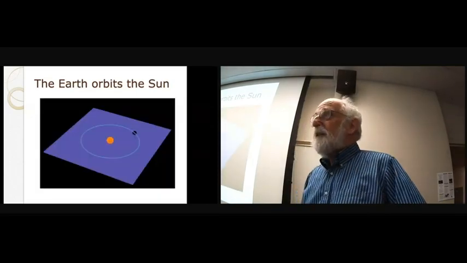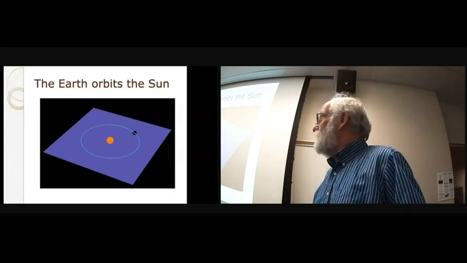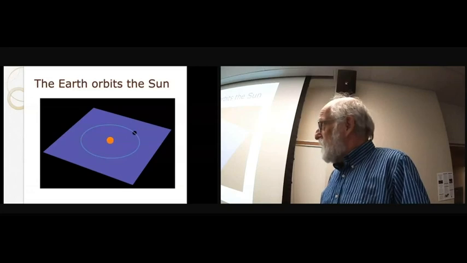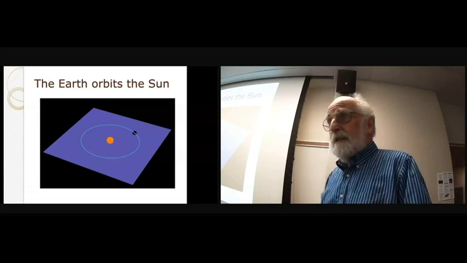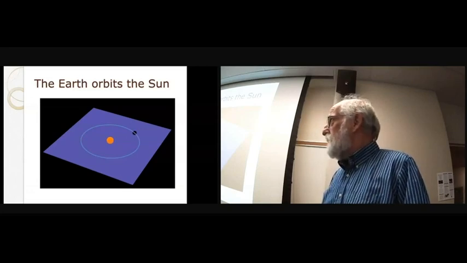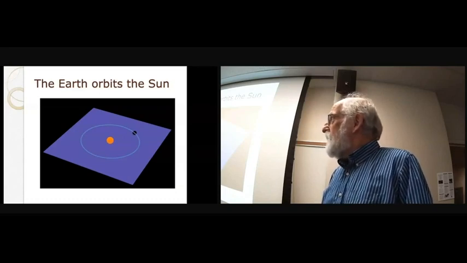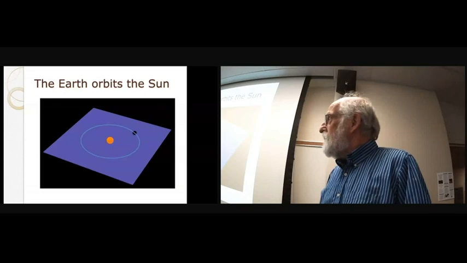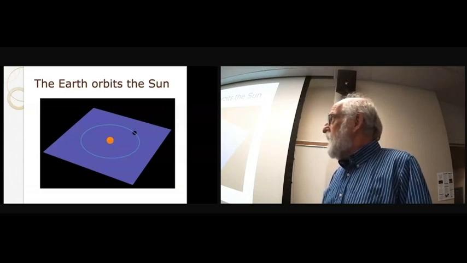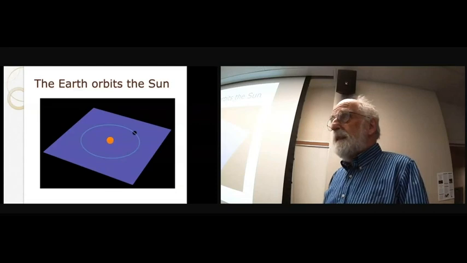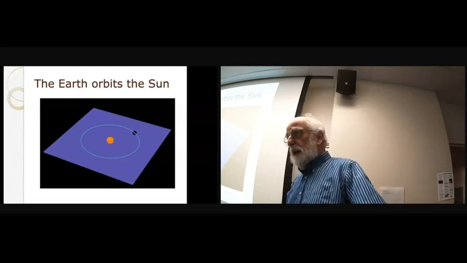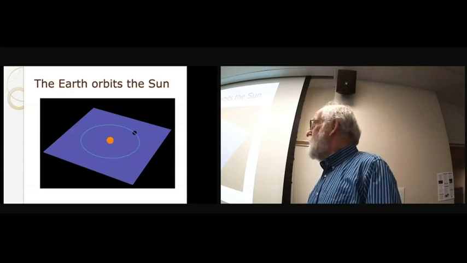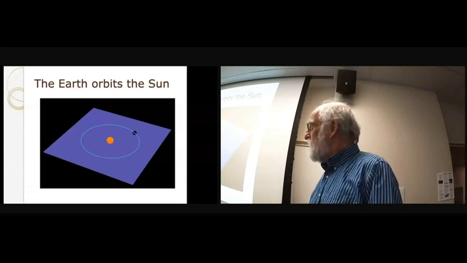As you know, the Earth goes around the sun in an orbit which is approximately circular, but actually sort of elliptical. The fact that the path of the Earth around the sun is an ellipse is a consequence of Kepler's laws, which are related to the mathematical laws of Newton.